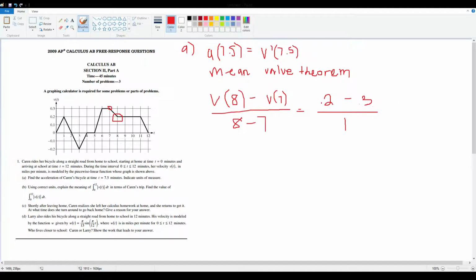So 0.2 minus 0.3 over 1 equals negative 0.1, and that will be in miles per minute squared. So the point there is the actual answer, negative 0.1, and your second point is the indication of units. So that gives you 2 points.